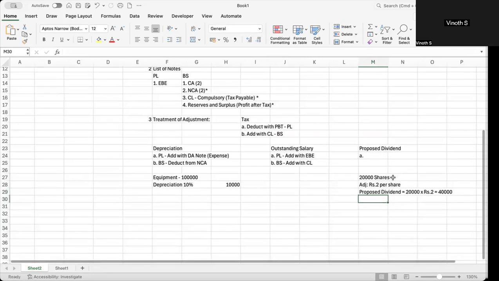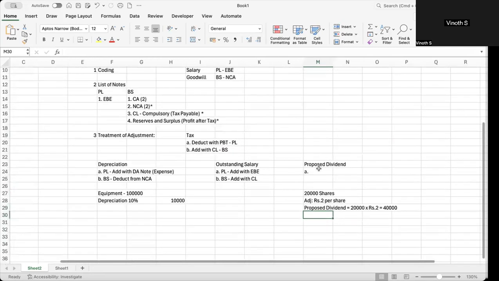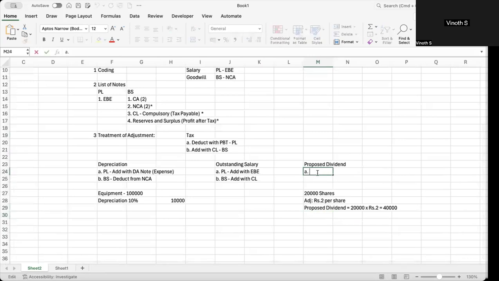It will reflect in two different places, both in the balance sheet only. From the balance sheet, we deduct it from reserves and surplus. Sometimes the amount may or may not be sufficiently available, so we only take from the surplus amount to pay the dividend to the stockholders.